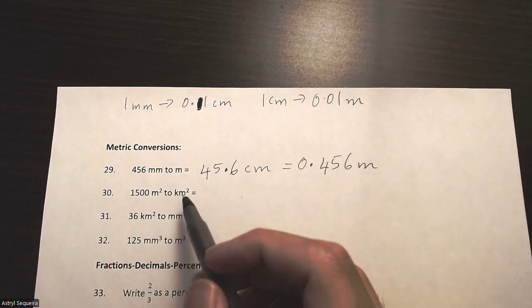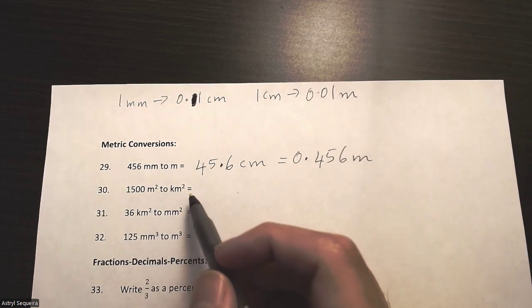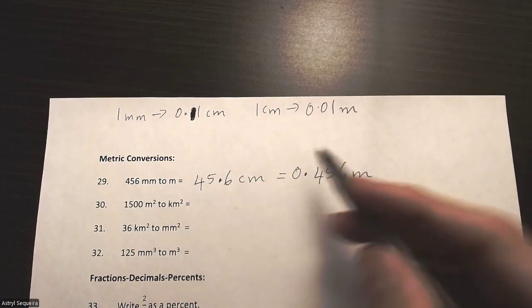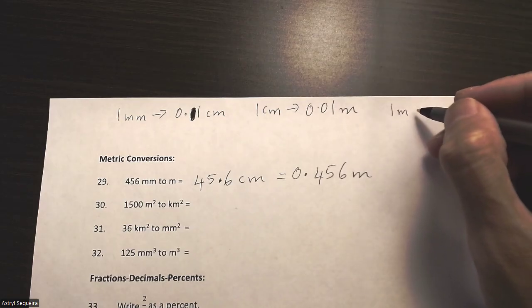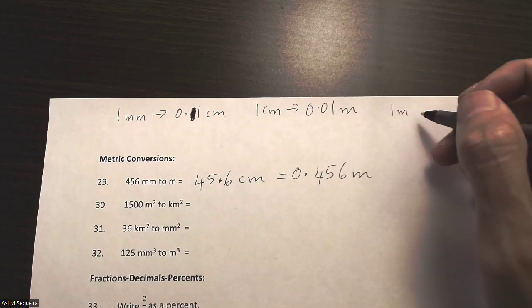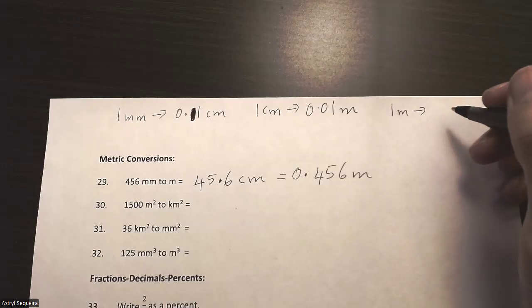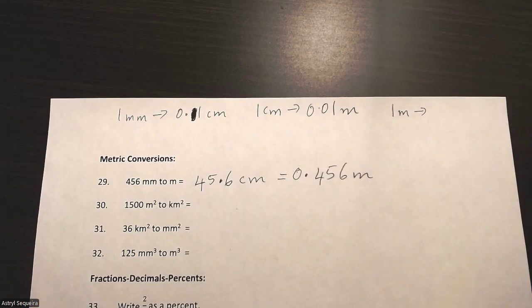Next question: 1500 meters squared to kilometers squared. Meters to kilometers: 1 kilometer is 1,000 meters.